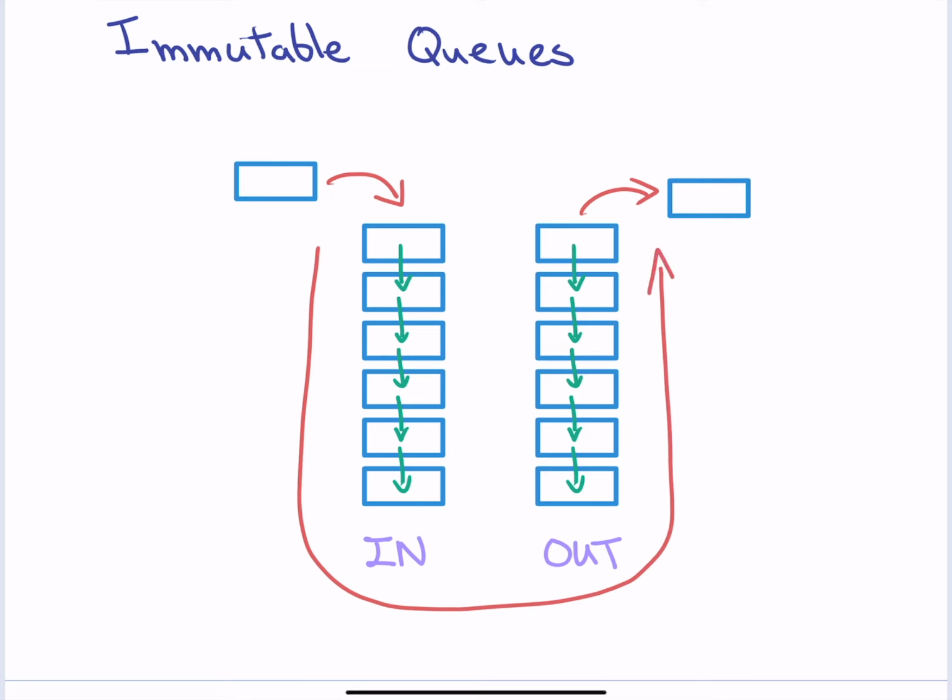Now, what should I do once I've emptied the entire out stack, and I want to pop another one, I want to remove another one from the queue, but the out stack is empty? What would I do?